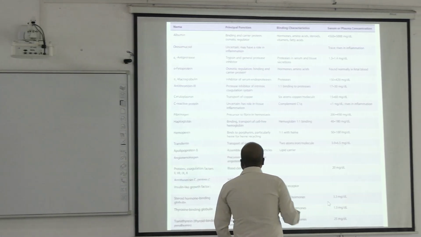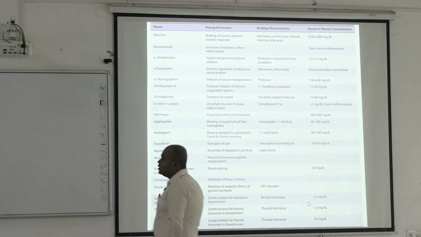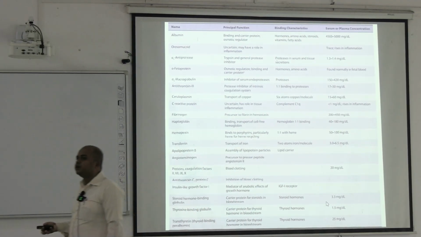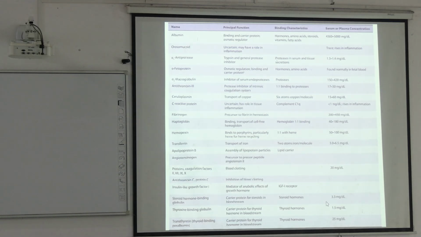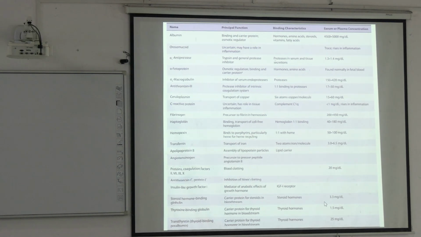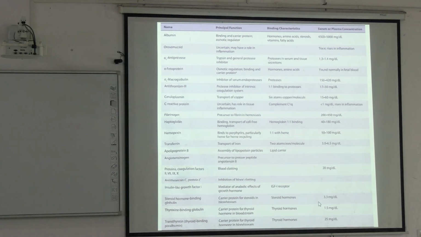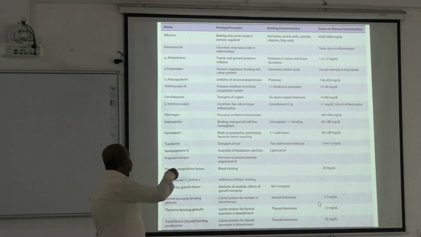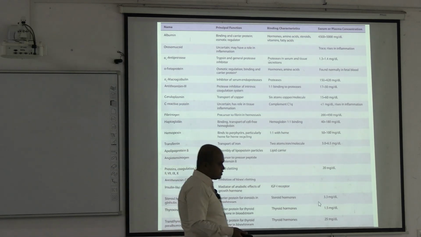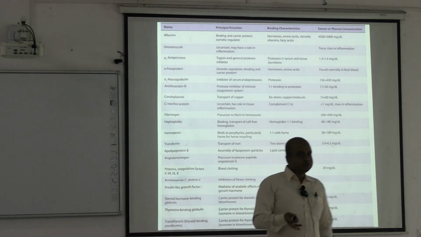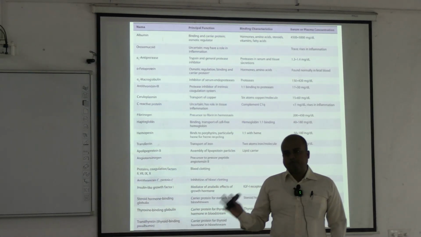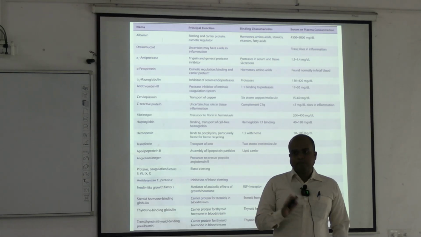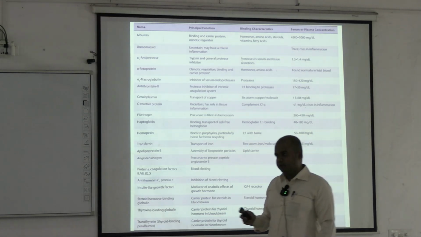Ceruloplasmin transports copper, as we saw in the previous slide. C-reactive protein, or CRP, is increased in infections. Their concentrations differ, but the most abundant one is albumin.